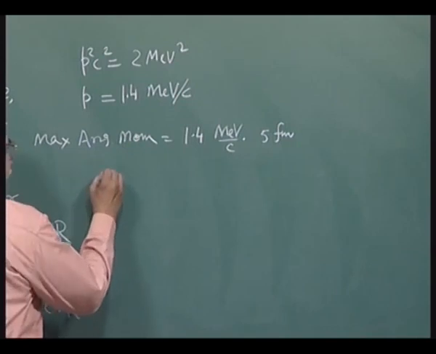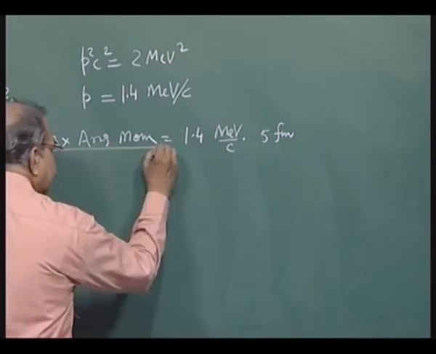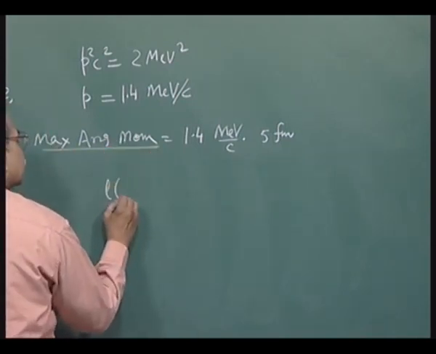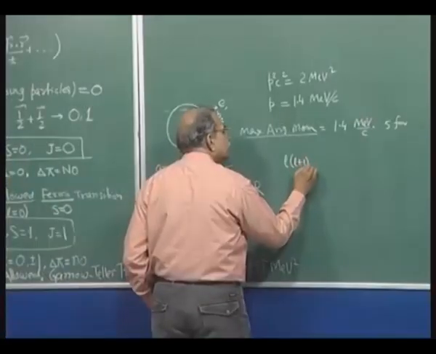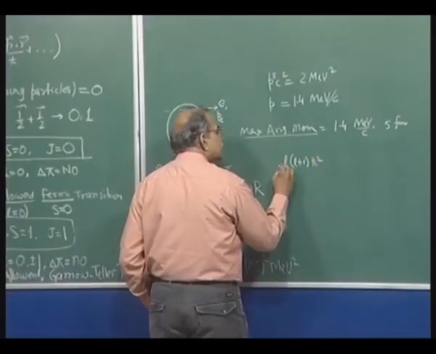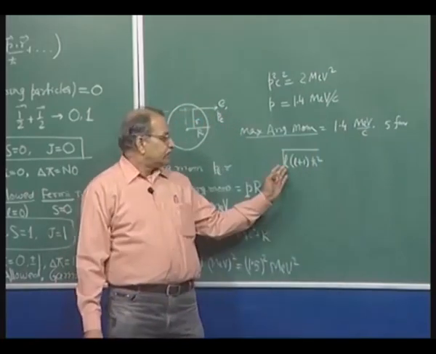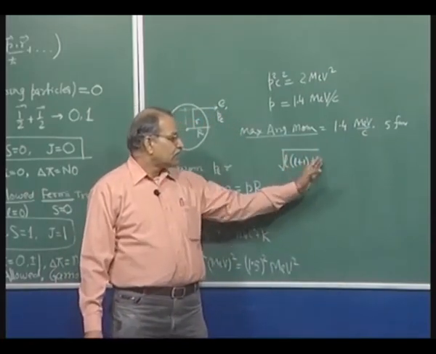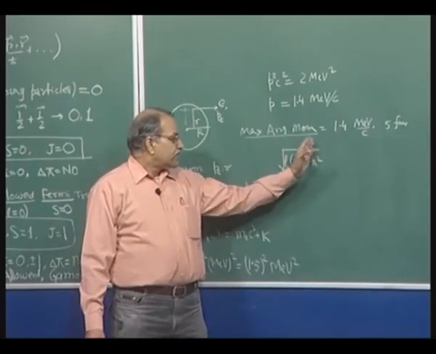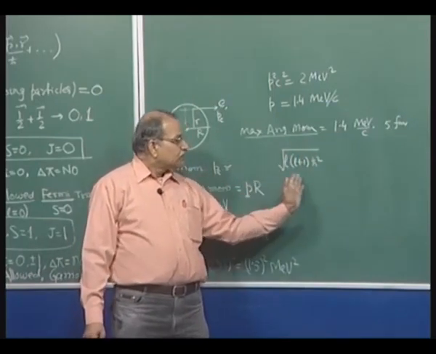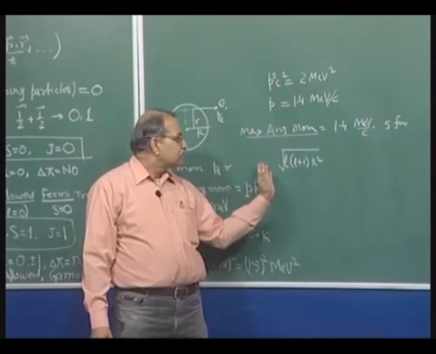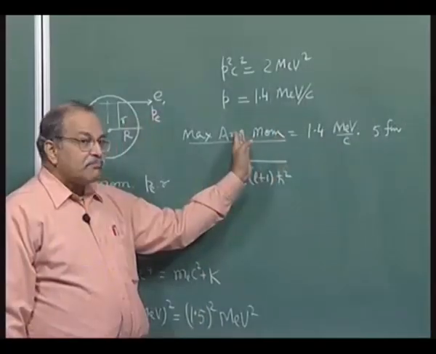Now, if I put this magnitude as square root of L into L plus 1 times h cross, quantum mechanically, this is the angular momentum square, so take square root of that. This is to be compared with angular momentum magnitude.